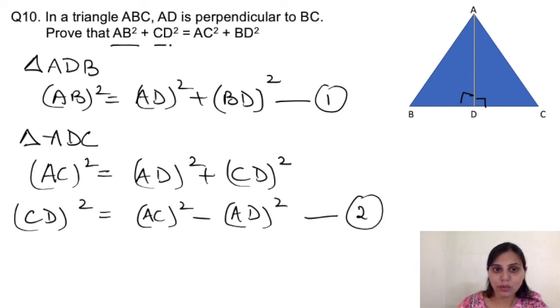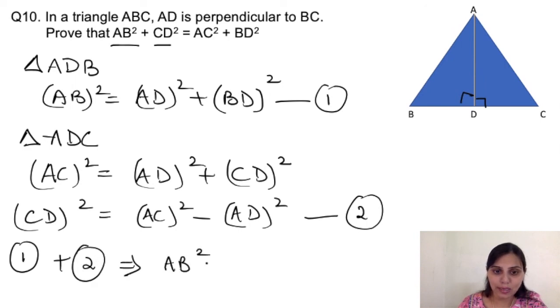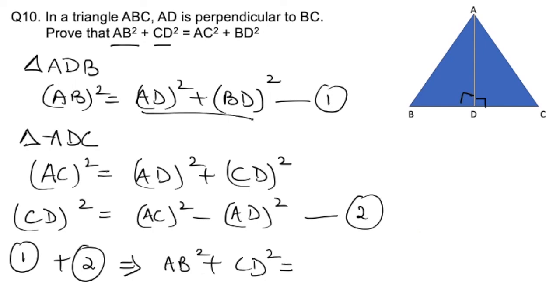Now since we want the sum of AB square and CD square, let's add equation number 1 and equation number 2. So when we add equation 1 and equation 2, we get AB square plus CD square inside. On the right hand side we get two values, that is AD square plus BD square.